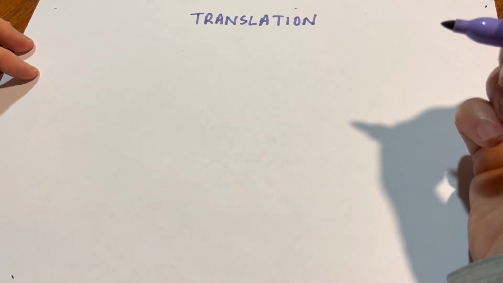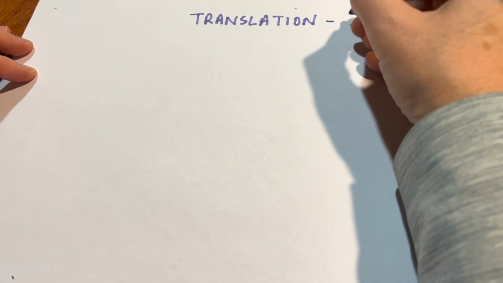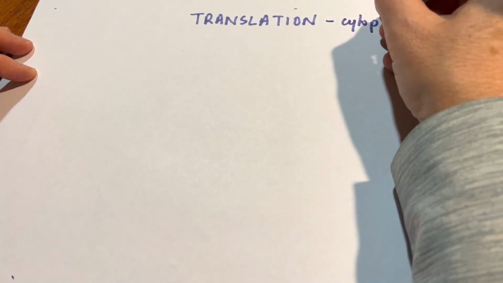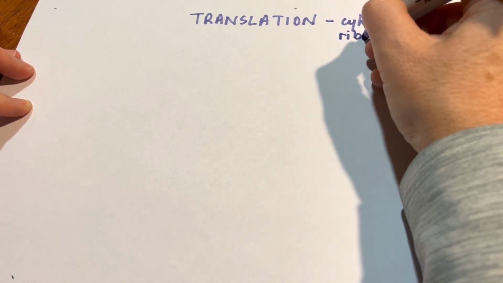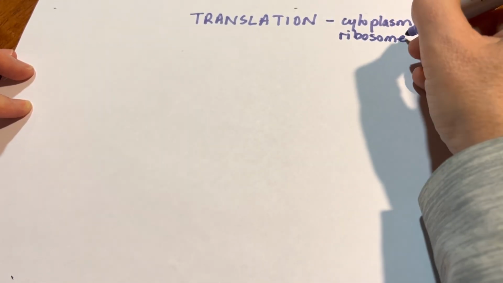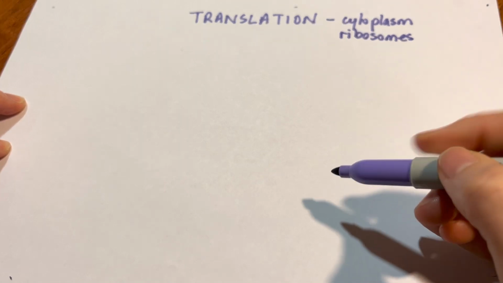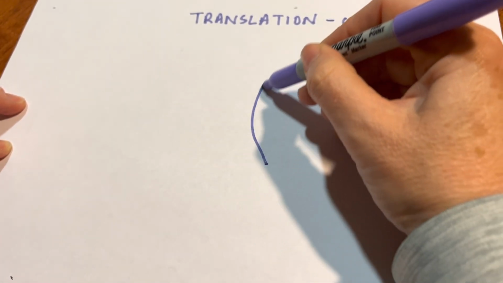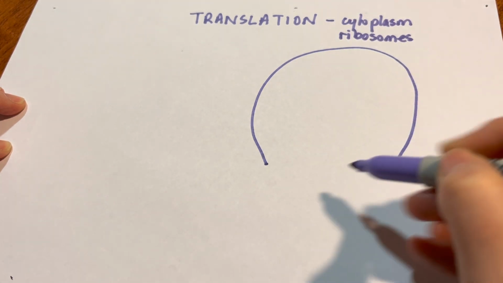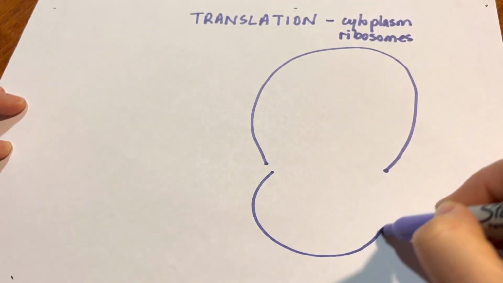So now we are going to look at translation, which is happening in the cytoplasm. And we need to find the ribosomes. Ribosomes are made of two subunits, a large subunit and a small subunit.